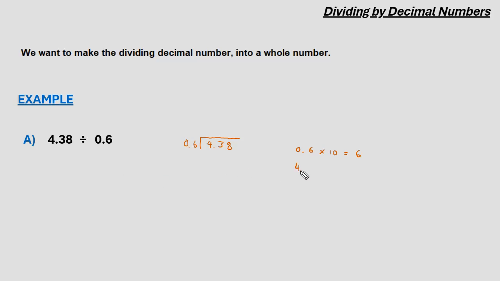So we have 4.38 also multiplied by 10, and moving the decimal point one place to the right results in 43.8. So we can make the necessary changes to our sum.